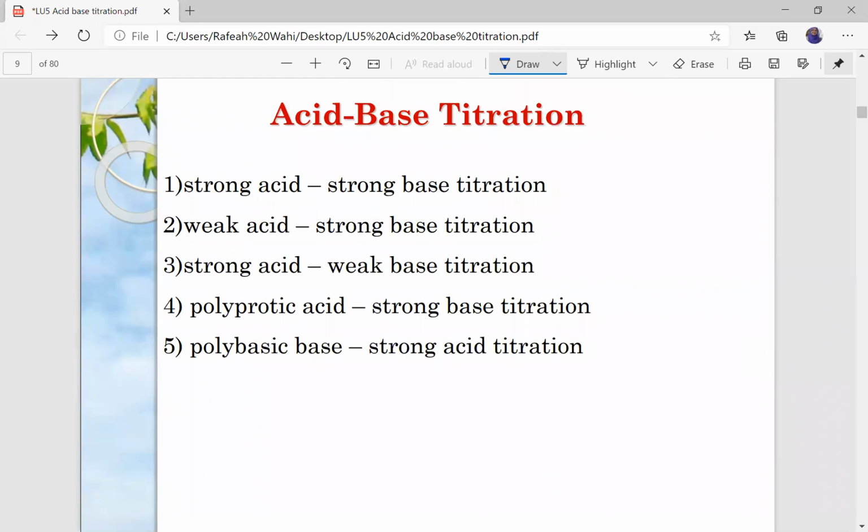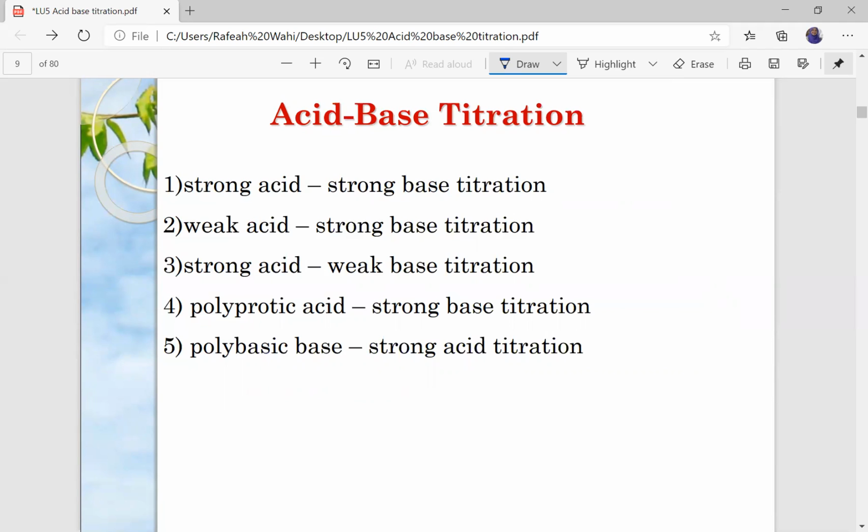There are many types of acid-base titration. For example, we have titration between strong acid and strong base, weak acid and strong base, weak base and strong acid, polyprotic acid and strong base, and polybasic base and strong acid.